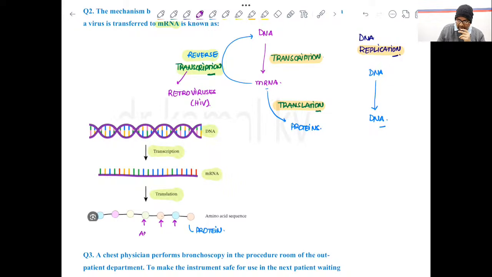So these are all amino acids, and these amino acids are joined by the peptide bonds. So these are the peptide bonds, and this is known as polypeptide chain, right? Fine. So these are few terms which one should know.